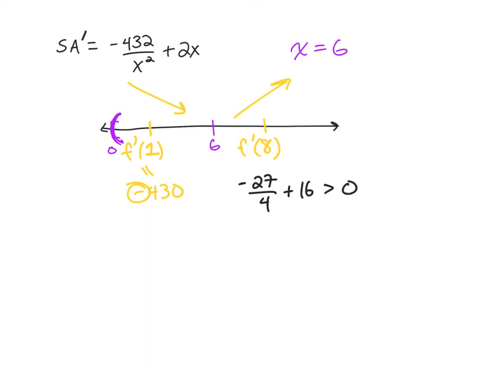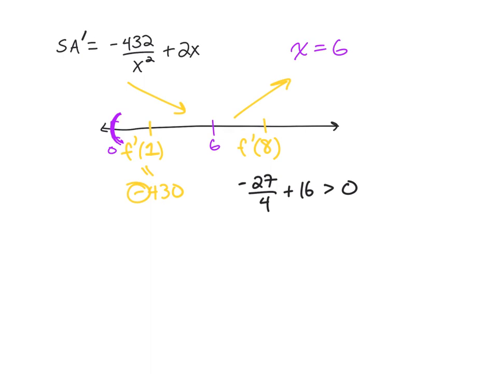And that's definitely going to be a positive number. So this interval to the right of 6 will have derivatives that are positive, which means the original function is increasing, which means there is in fact a relative minimum when x equals 6.